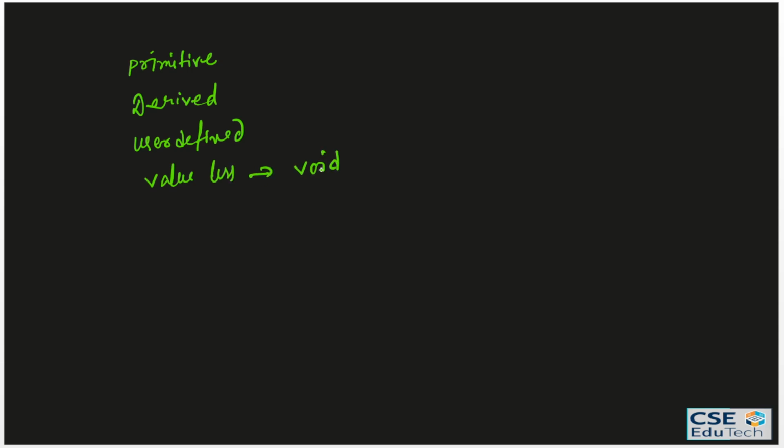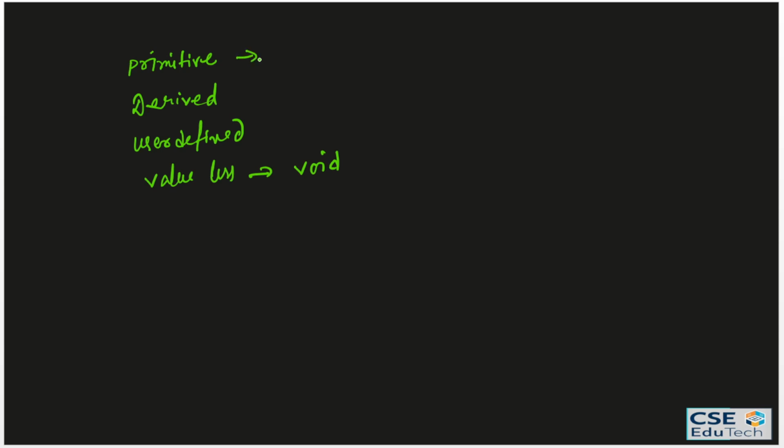So we can give an example of the derived data type right now. We have mentioned primitive or basic data type, then derived data type, user defined data type, and the valueless. Valueless, as we have mentioned, is void.